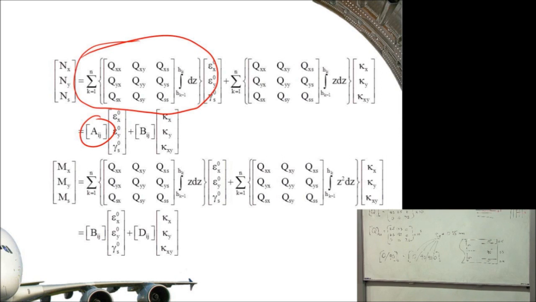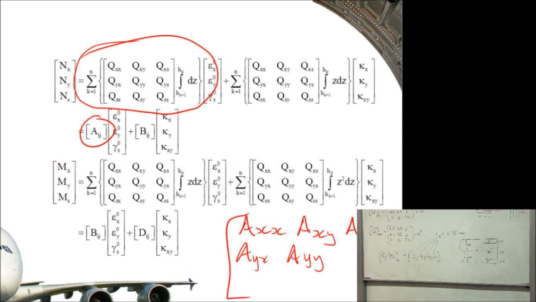So Aij is actually a 3 by 3 matrix with AXX, AXY, AXS, AYX, AYY, AYS, etc. It's a 3 by 3 matrix.